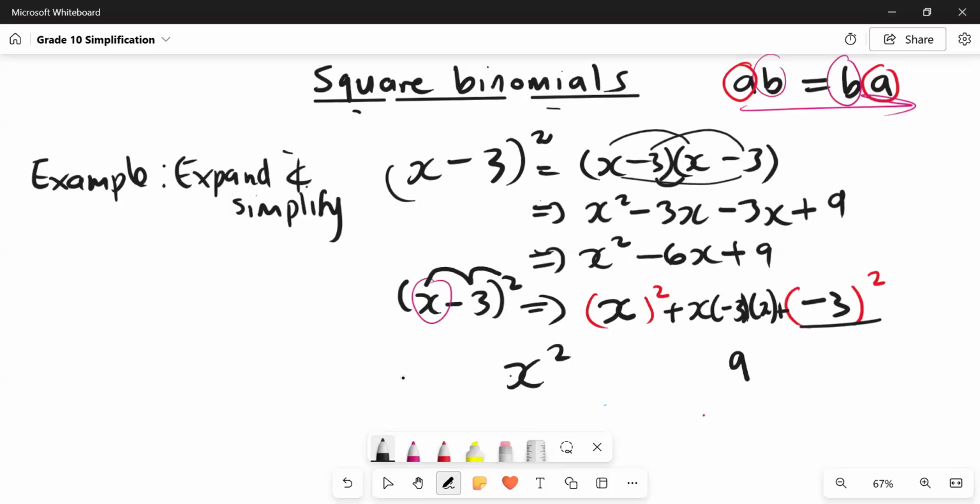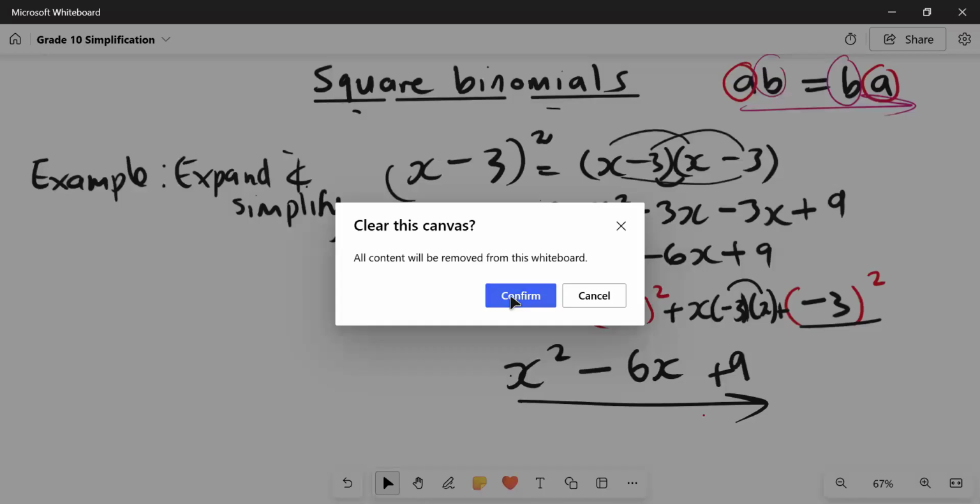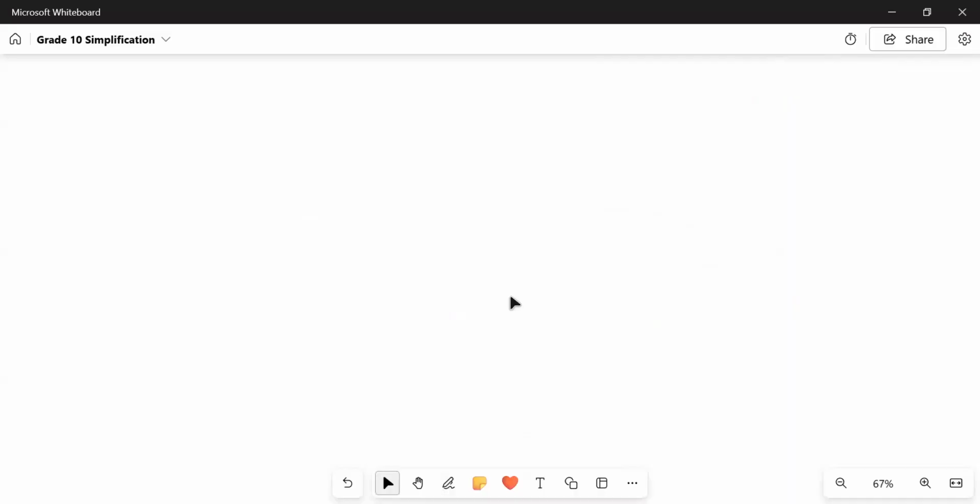Now, x times minus 3, that's minus 3x, times 2, that's minus 6x. Then this is the final answer. But again, we will do other examples as well using the same idea behind. So now example 2, let's go to example 2.